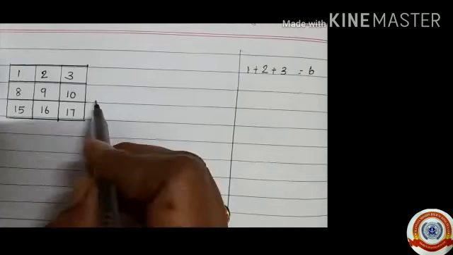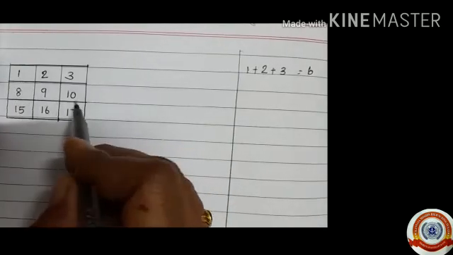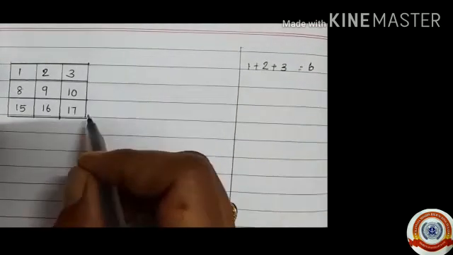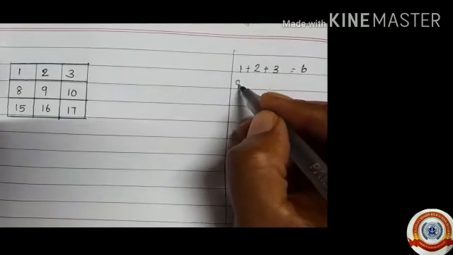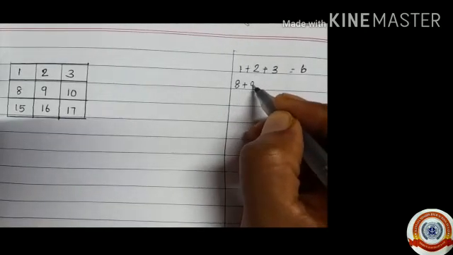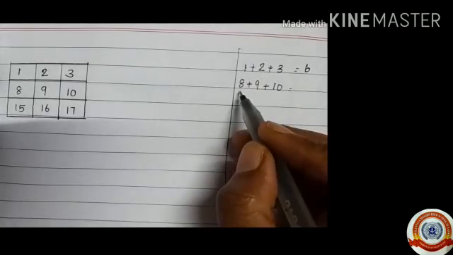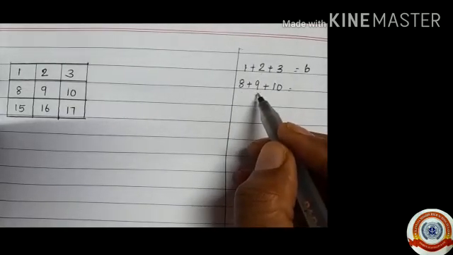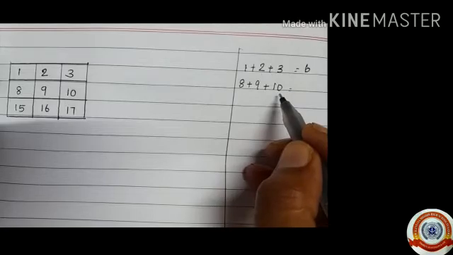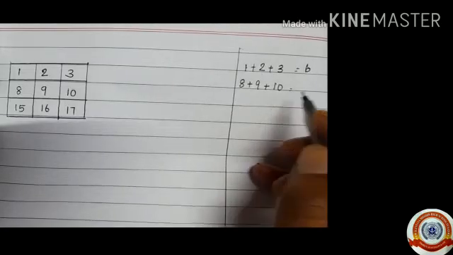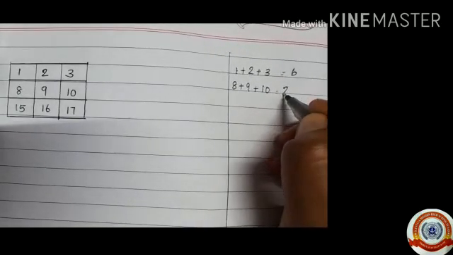Then we have to find the sum of the numbers in this row. That is 8 plus 9 plus 10. 8 plus 9, 17, plus 10, 27.